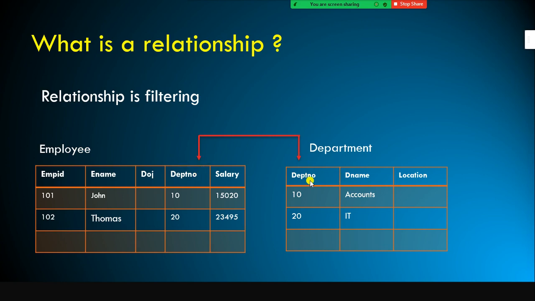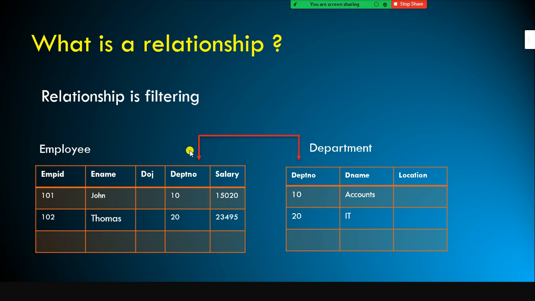So department number and department ID are the same. Fortunately, here both tables have the same column for the department number. So using the primary key and foreign key relationship, we can join these two tables to get the department name from this table.